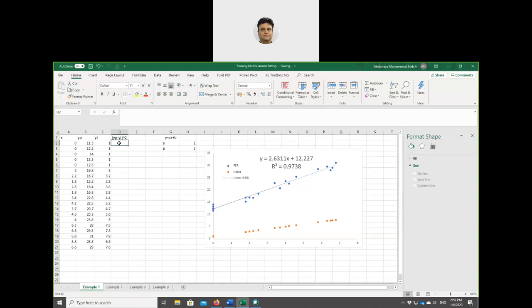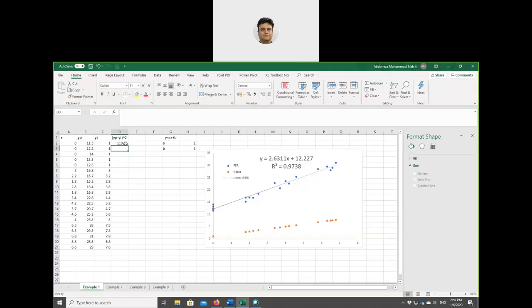So as usual, equal, bracket open, yp is here, p2 minus c2, and then close the bracket and power 2. It means that this one is deducted by this one and it's going to power 2.